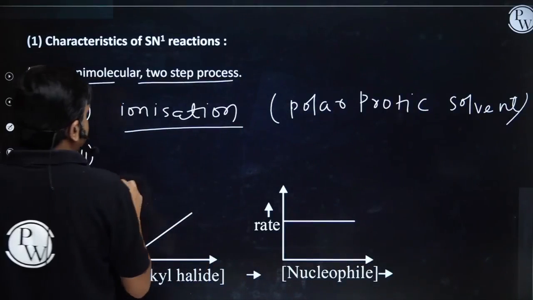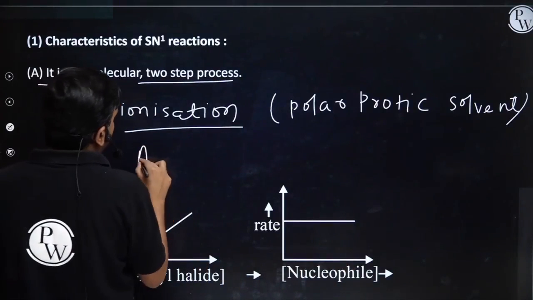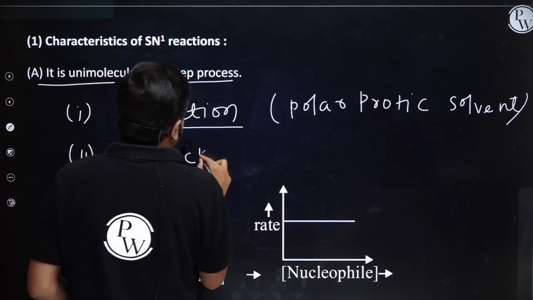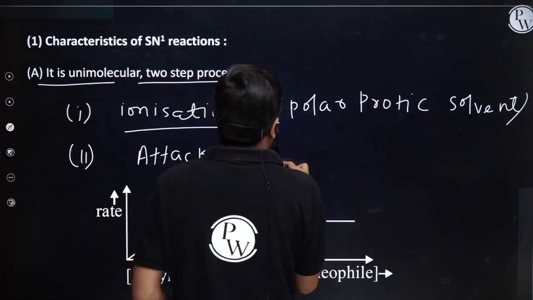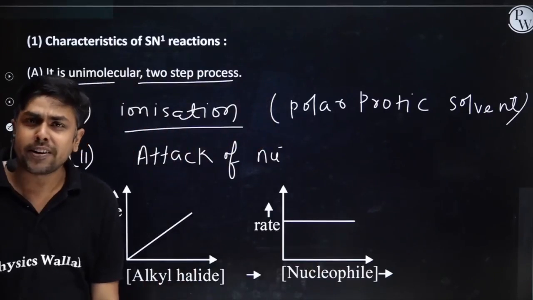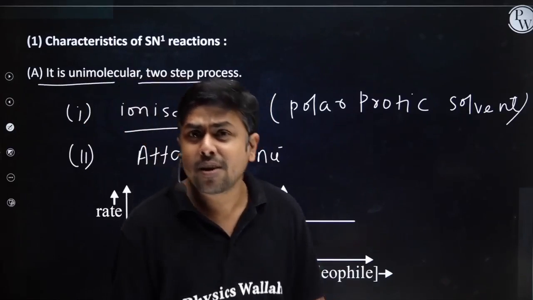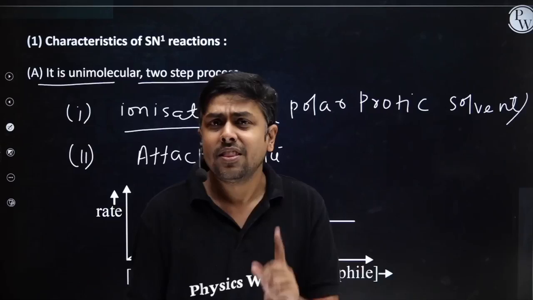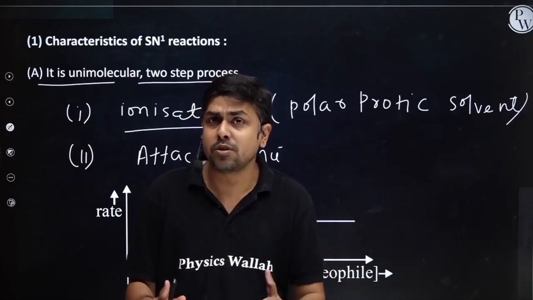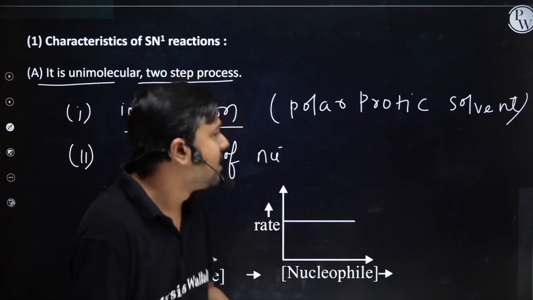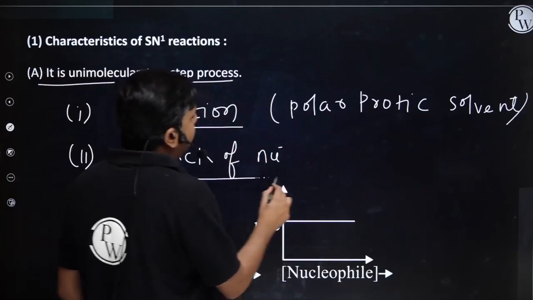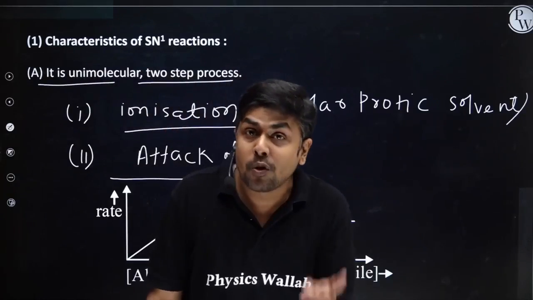Second step is the attack of nucleophile. Student, now if it's a 2-step process, can I say it's a complex reaction, right? Can you say which step is a faster step? The faster step is the attack of nucleophile. So which one is the slower step?